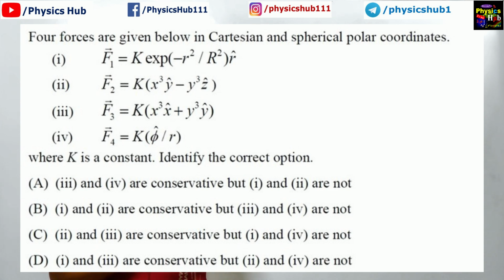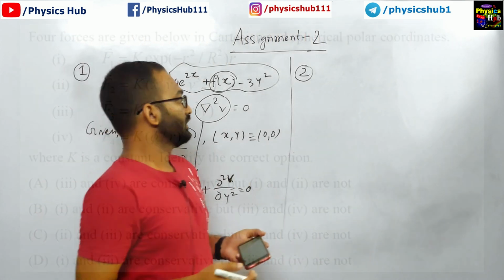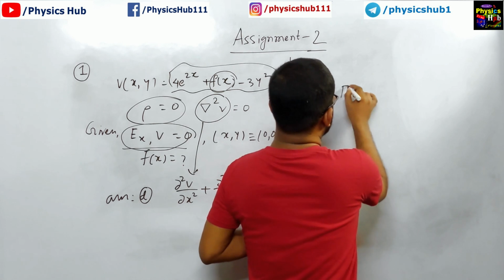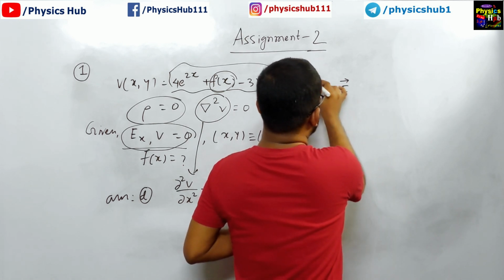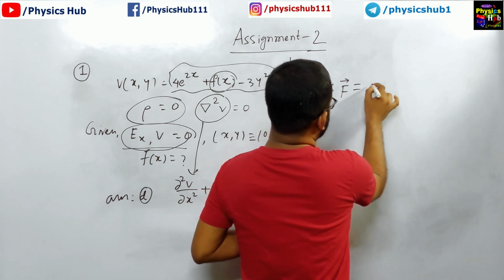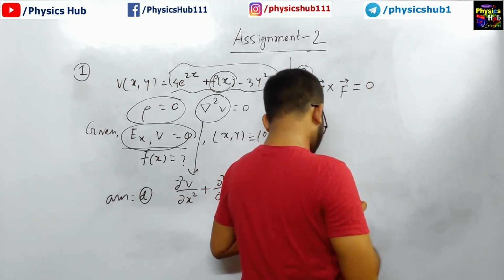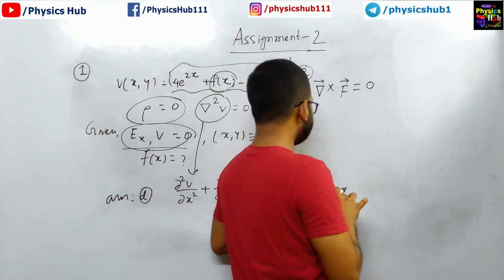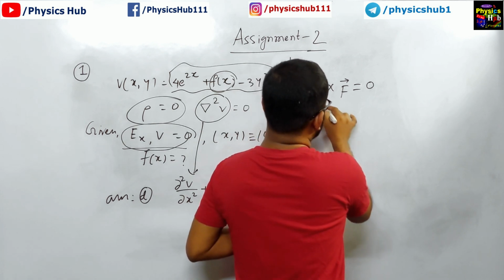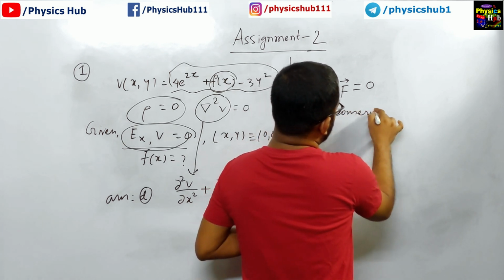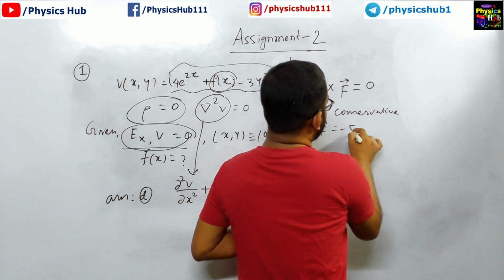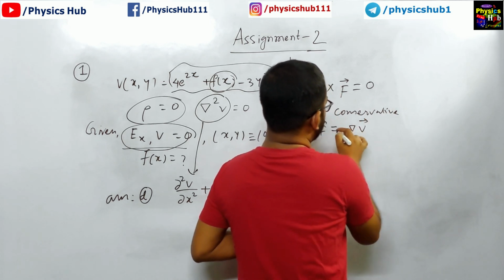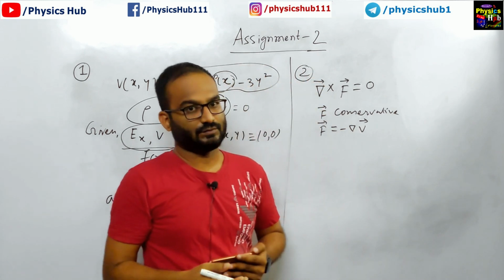So what is the way to know whether any force F is conservative or not? We know that if the curl of that force is 0, then the force is conservative, and it can be expressed as the gradient of some scalar, F equals minus grad V. This is the basic rule.